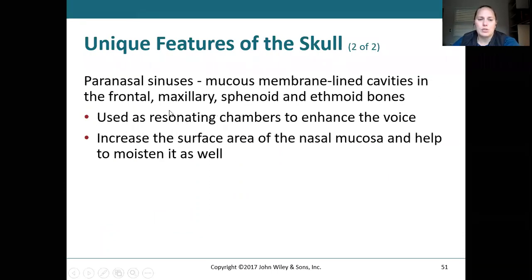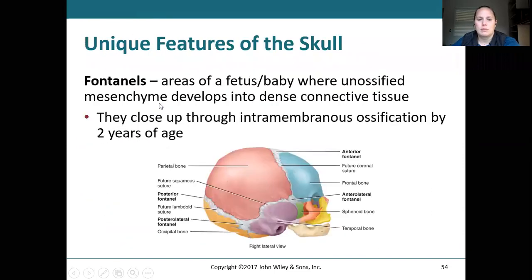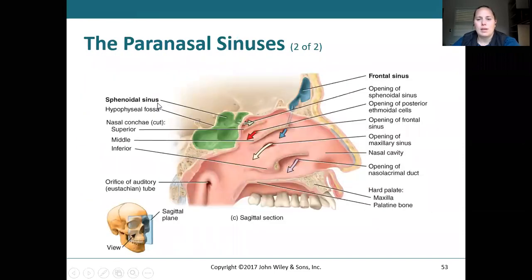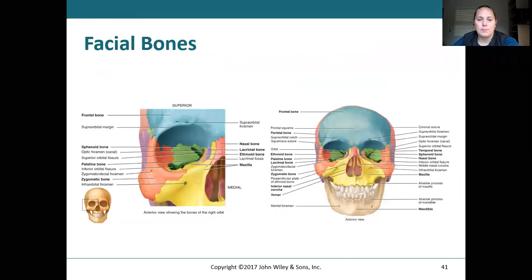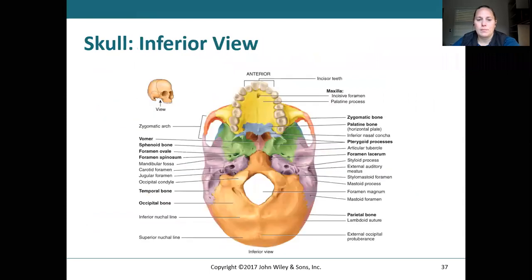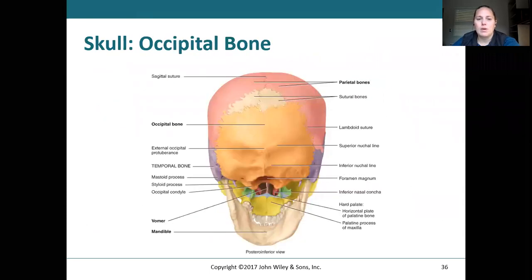So let's look at where these sutures are. We'll have to go back and look at the sutures on previous images. Okay, so this might be one of the better figures for that. Here you can see the location of the sagittal suture.